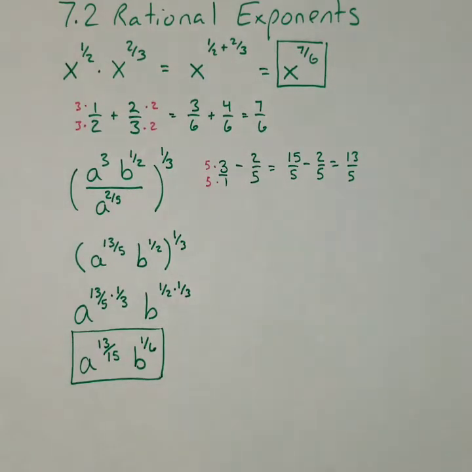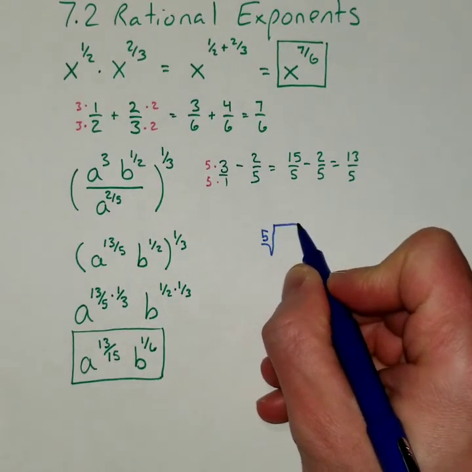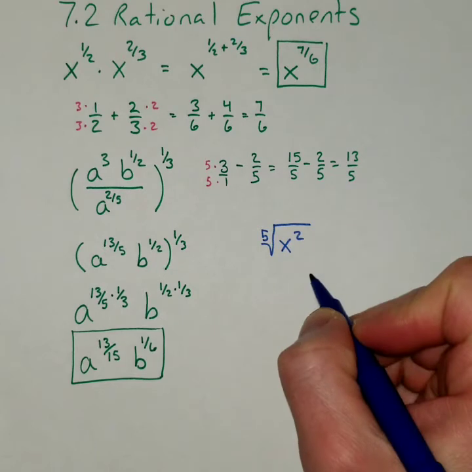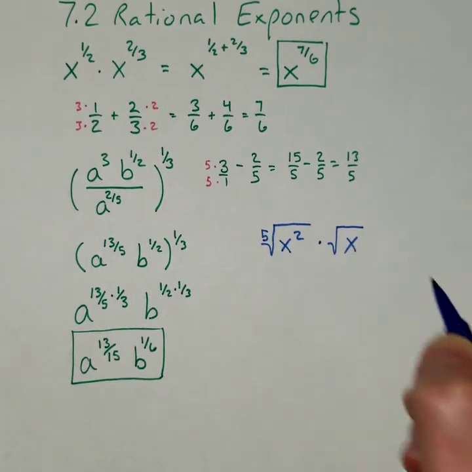Okay, now I'll do one more example. This one I'm going to start with some roots and then use the rational powers to combine the roots. I like this example. I think it's kind of neat. Let's switch the color up here. Let's go with the 5th root of x squared times the square root of x.